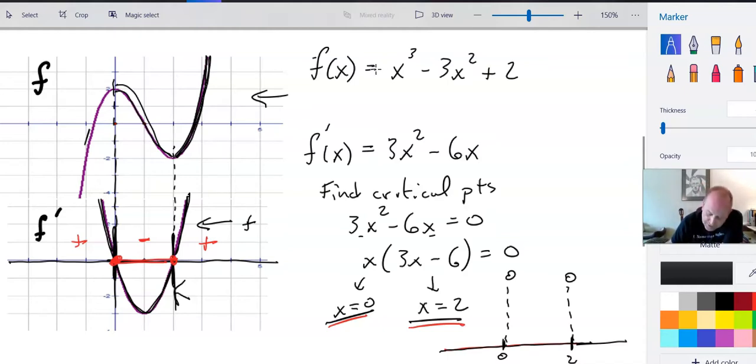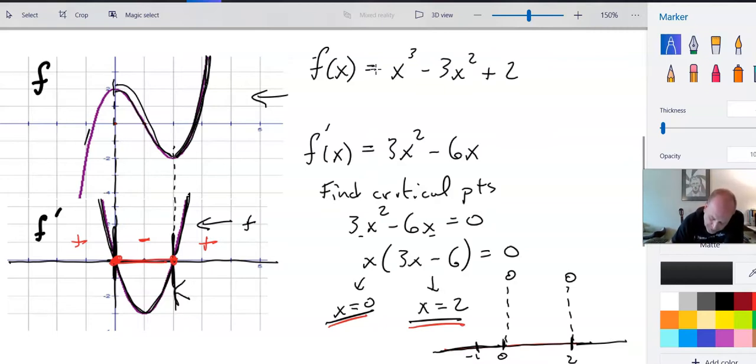So let's just start with the first one that's less than 0. So if x is less than 0, I can pick anything in that region. I know it's all going to be the same sign. That's all I care about right now. So I'm going to pick -1. So if we plug -1 into the derivative, that's what we're looking for, whether the derivative is positive or negative.